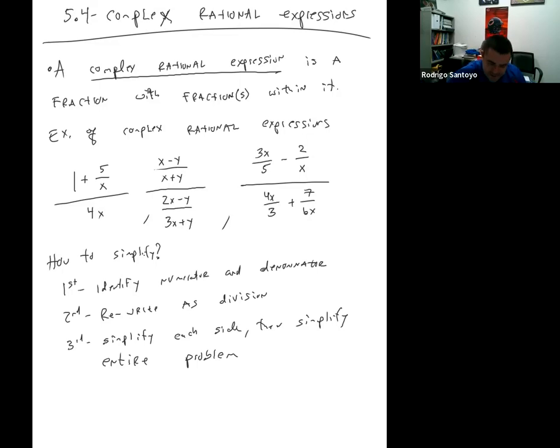All right. Simplify x plus 1 over 5, that entire thing is over x minus 1 over 5.